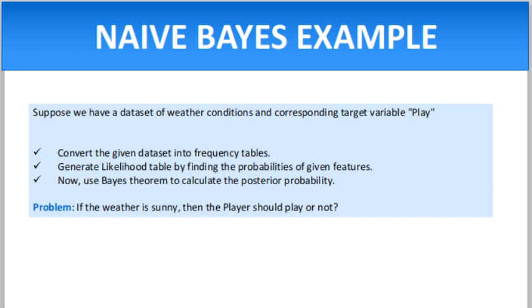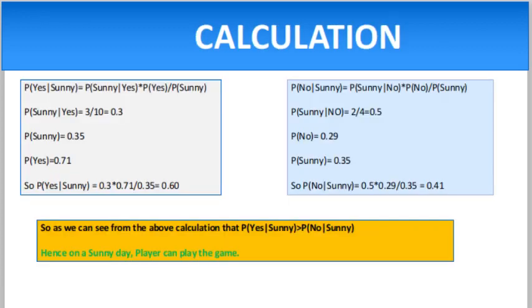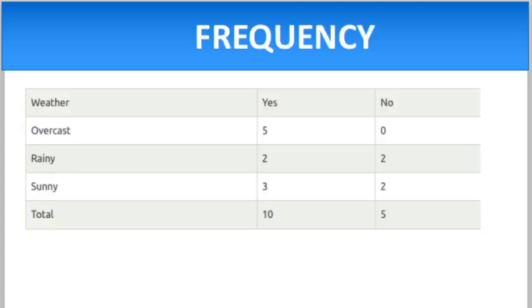Now, friends, this is the dataset which we use for calculation. Next is the frequency table for the weather condition, which is calculated from the dataset.